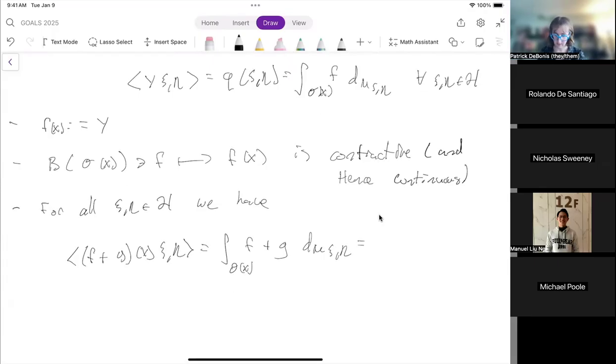Now, just using properties of integration, split this.